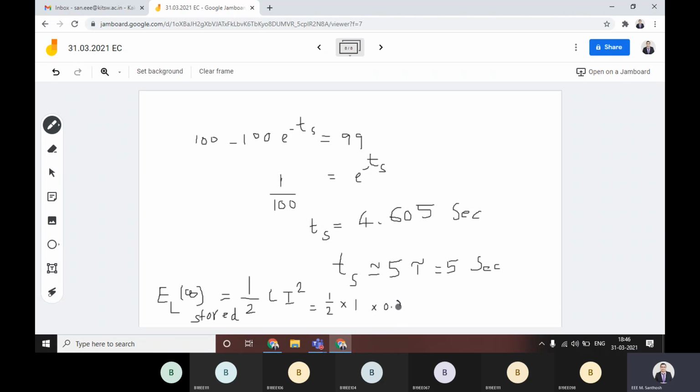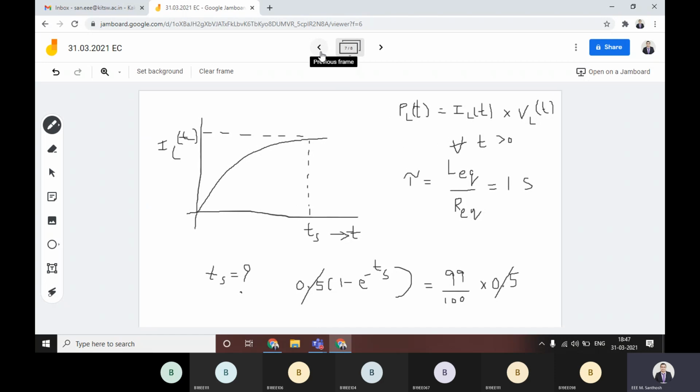How much are you getting? This is in joules. 0.125. Very good. You will get around 0.125. This is the simple way.